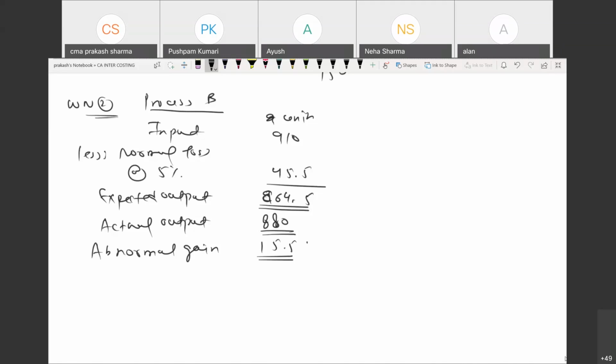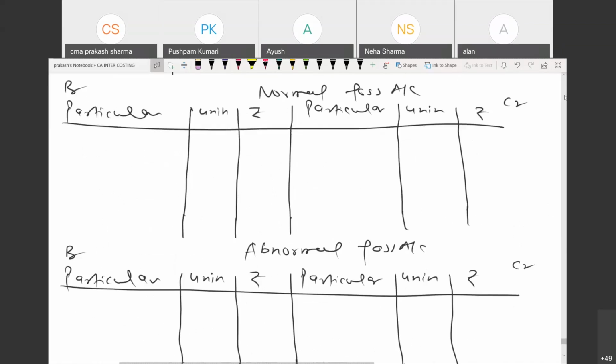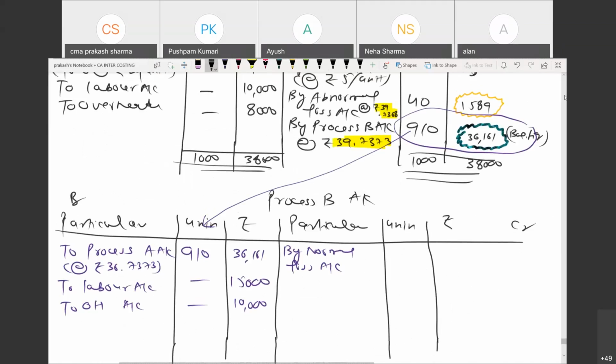Okay, students? So first of all, I get back to my process B account. So I write 15.5 here, valued at the rate of rupees 10 per unit, right? The rate of scrap for next process is rupees 10 per unit. So it becomes 155. Okay, sir.